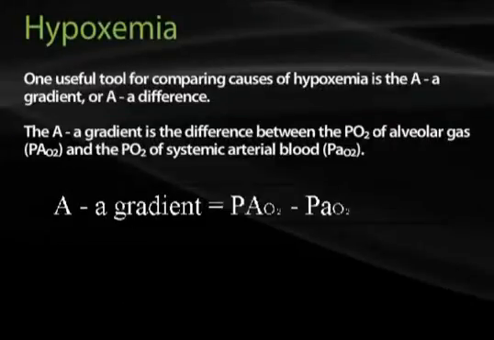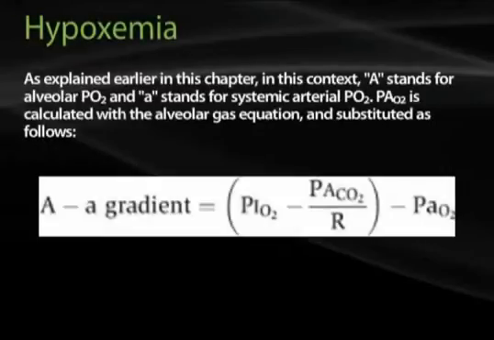As we've discussed, a useful tool for comparing the causes of hypoxemia is to look at the AA gradient, or the AA difference. The alveolar to arterial gradient is the difference between the PO2 in the alveolar gas and the PO2 in the systemic arterial blood. As we talked about early in the chapter, the alveolar PO2 versus the arterial PO2.